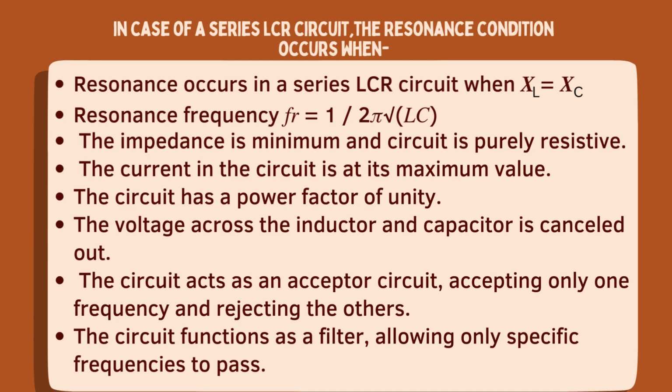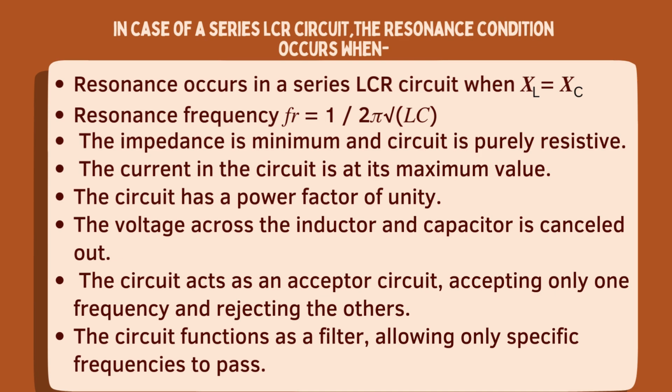In the resonance condition, the current in the circuit is at its maximum value. So it has a power factor of unity. This kind of circuit functions as a filter, and also acts as an acceptor circuit.